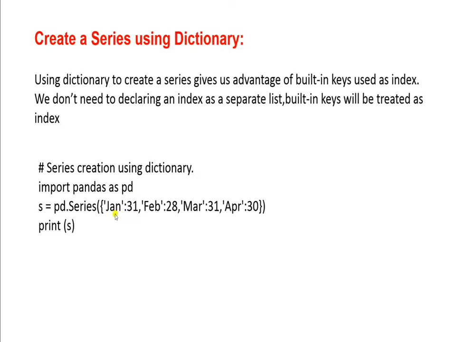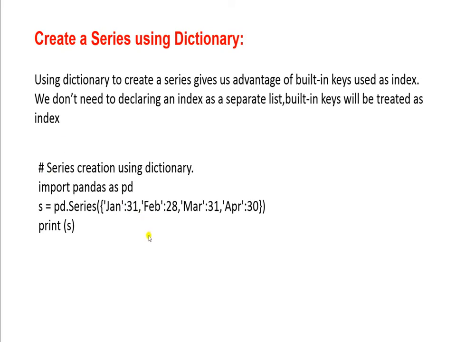In this example January is the key and 31 is the value. Next, February is the key and 28 is the value. In the third element March is the key and 31 is the value. And in the next element of this dictionary April is the key and 30 is the value.